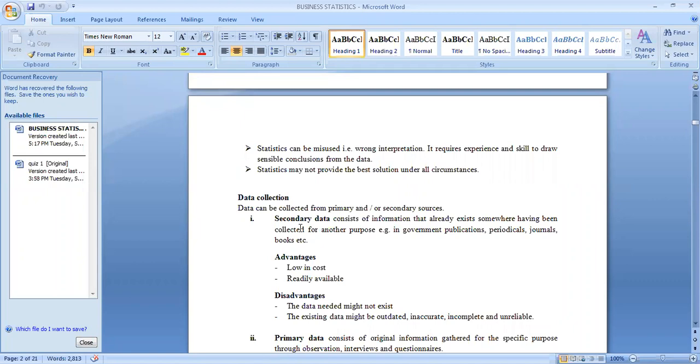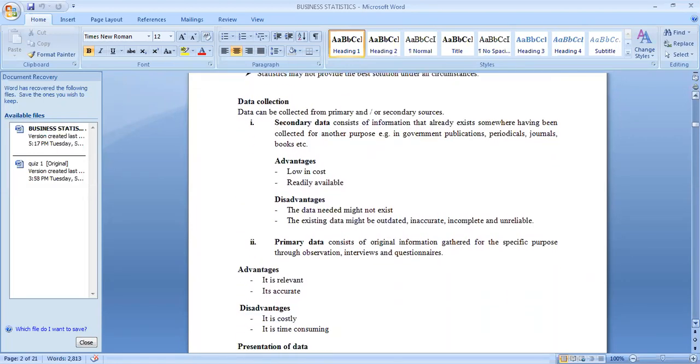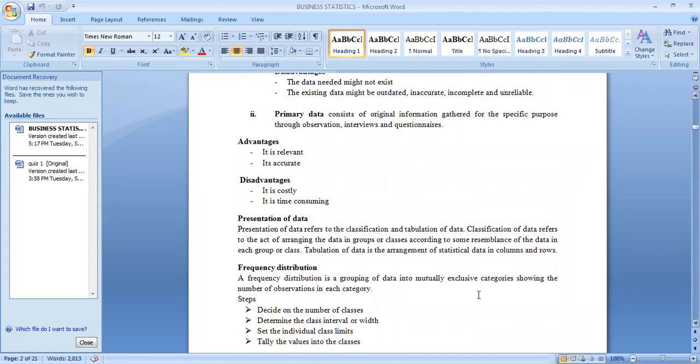So if you are using information that was collected and documented by somebody else, then you are using secondary data. Secondary data is information that was collected and stored, and now you retrieve it, read it, and use it in making decisions. The advantages and disadvantages of them are highlighted there.